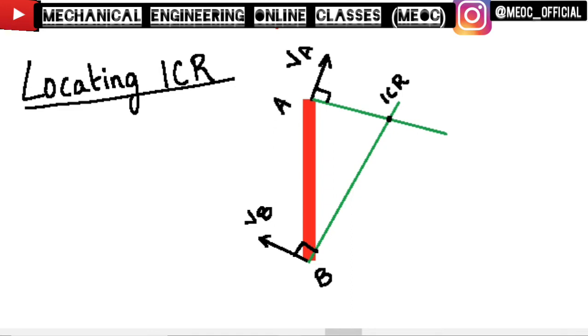We know the relation between the linear and angular velocity. If the linear velocity is V and angular velocity is omega, V is equal to R omega.